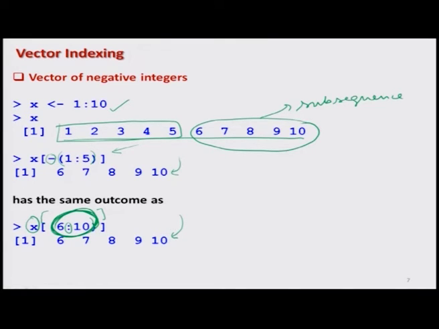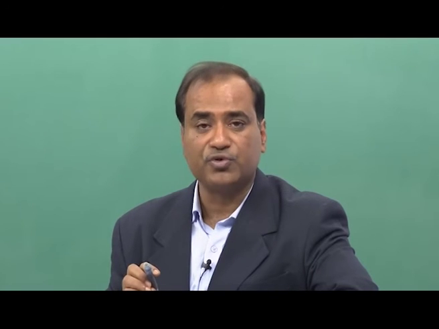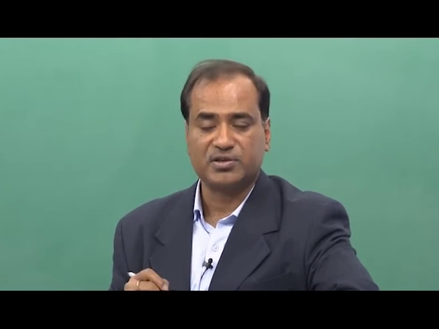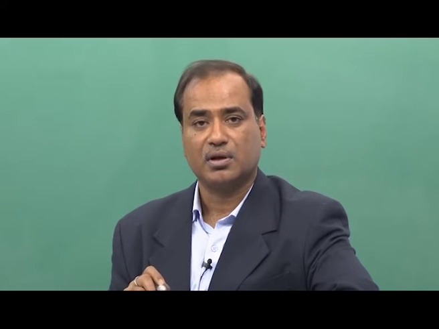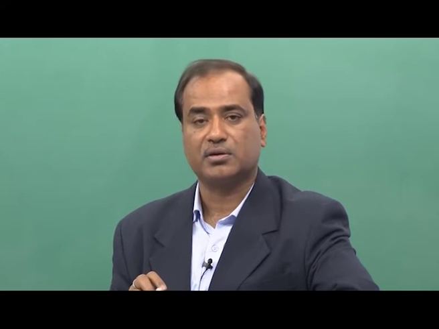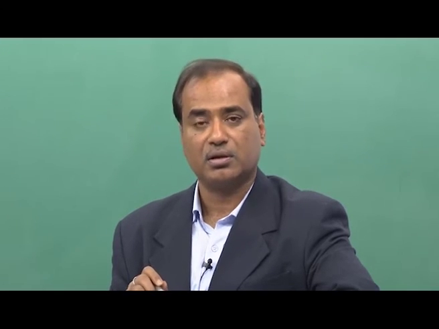Now, if you try to see what you have really learned from this operation, in case you put a positive sign or a negative sign inside the index, then the operation is affected.